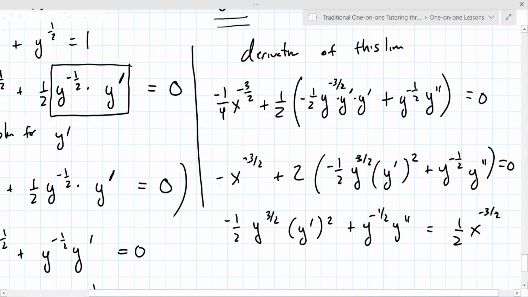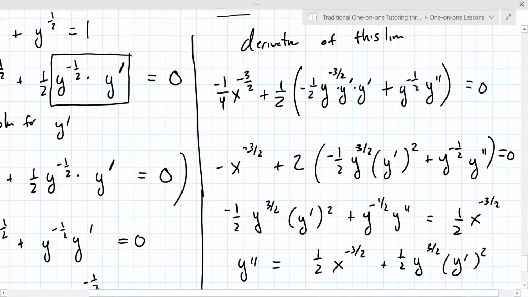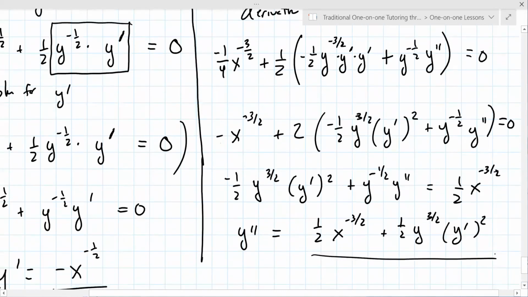And then really it's not bad because you end up just moving this and dividing by that. So y double prime equals 1/2 x to the -3/2 plus 1/2 y to the 3/2 y prime squared, just moving that term over, divided by y to the -1/2.